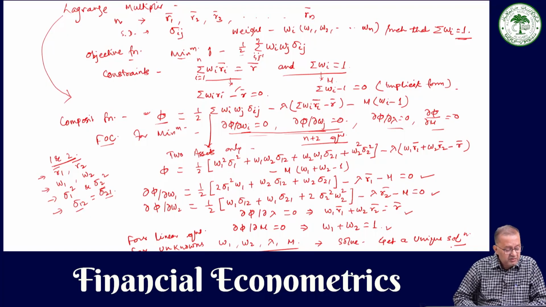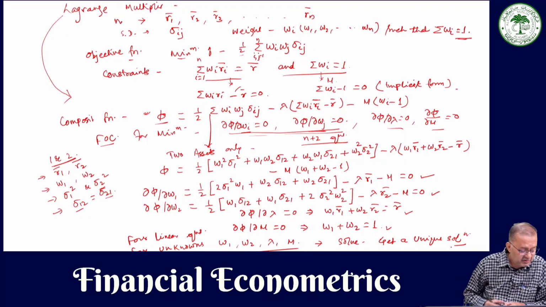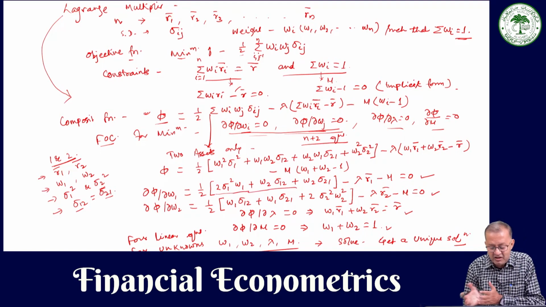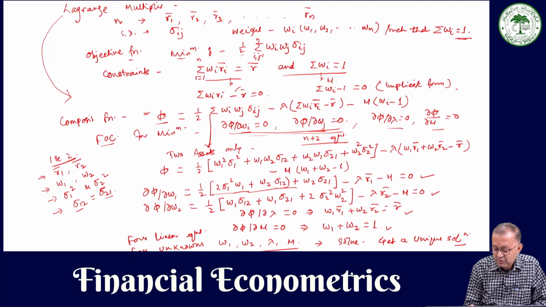Clear? Now we'll rewrite this equation in the general form. Sigma 1 2 is equal to sigma 2 1, so both are equal. So in this equation you can write down this plus this.